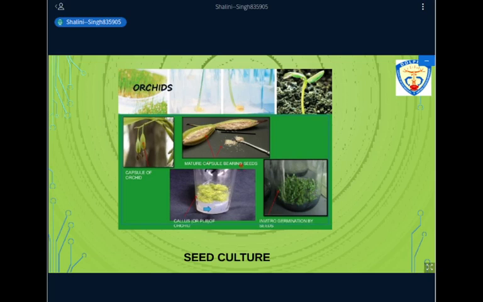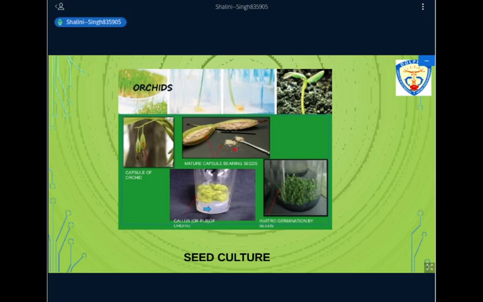But if the seed size is smaller, that means the endosperm is smaller in size. And what is the function of endosperm? Endosperm gives food reserve and energy to the germinating embryo. So that means the energy or food reserve is low.